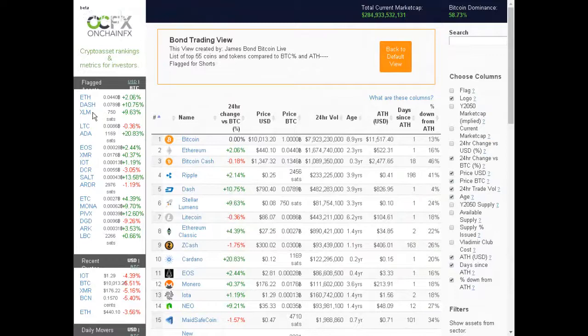Dash, Stellar Lumens is still up there on top of my priority list. Litecoin is up there. Cardano is up there. EOS, Monero, IOTA, Decred, Salt.